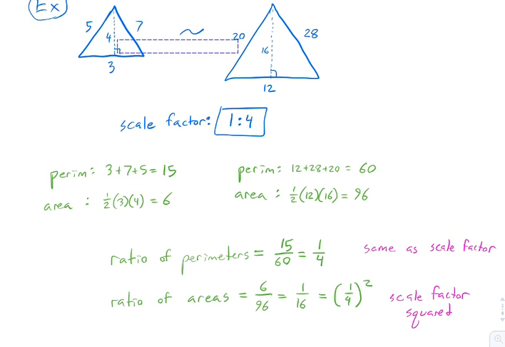So if both the base and height get multiplied by 4, when you multiply base times height, now there's a 4 times another 4, and we get an area that's 16 times as large, because there's a 4 in the base and a 4 in the height that get multiplied together. So the area gets enlarged by the square of the scale factor.